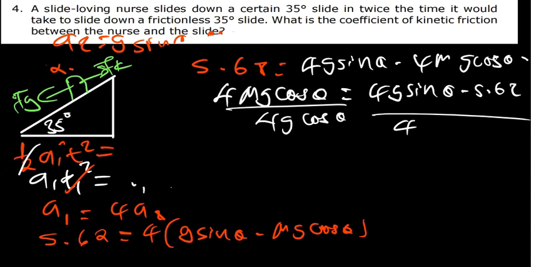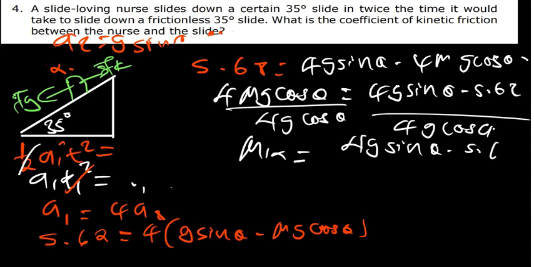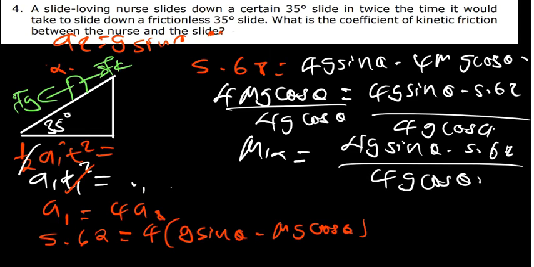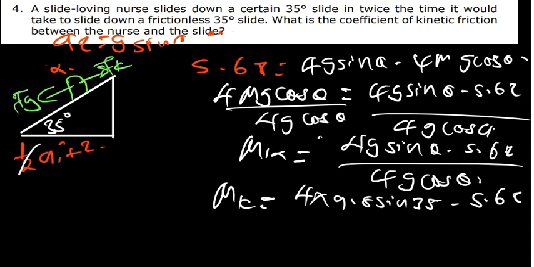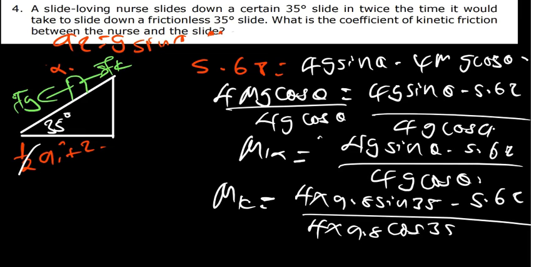So the mu k is going to be equal to 4g sine theta minus 5.62, everything divided by 4g cos theta. Let's plug in the values. The mu k in this case is going to be 4 times 9.8 sine 35 minus 5.62, and down here we have 4 times 9.8 cos 35.